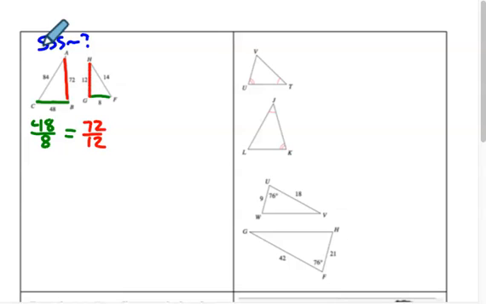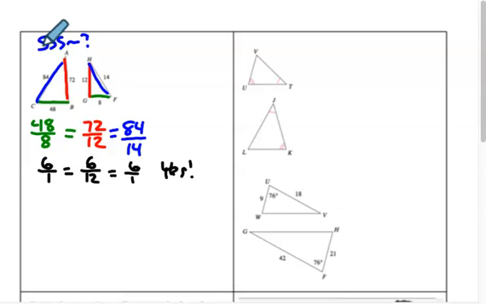Okay, and then see if that's equal to, pick the last one, 84 over 14. So we need to see if those are all the same ratio, and if they are, we're in good shape. We can say that this is true. So what's happening for each of these, 48 over 8 is the same as 6 over 1, 72 over 12 is 6 over 1, 84 over 14 is 6 over 1, so this one is true.